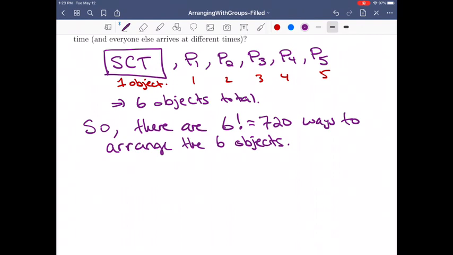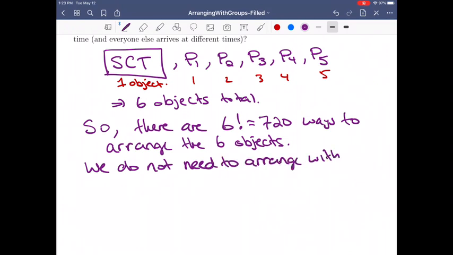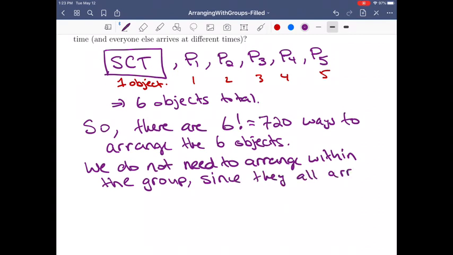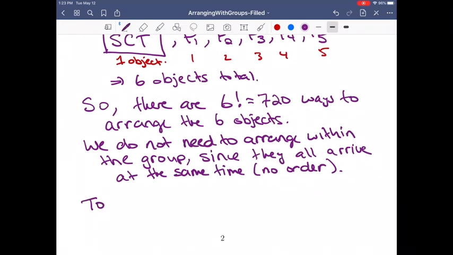So we again do not need to arrange within the box, since they all arrive at the same time. So there's no order among them. So the total is just 6 factorial.